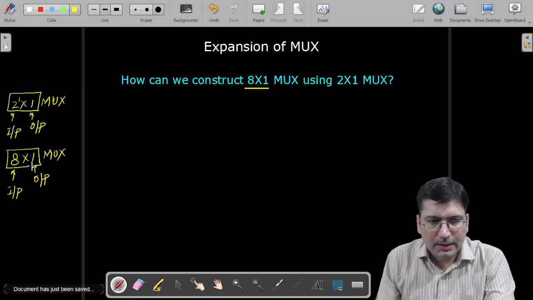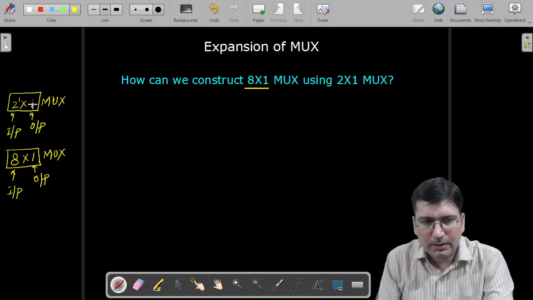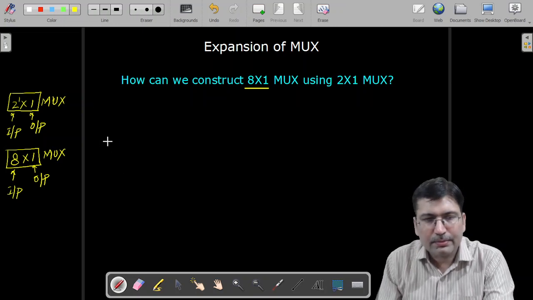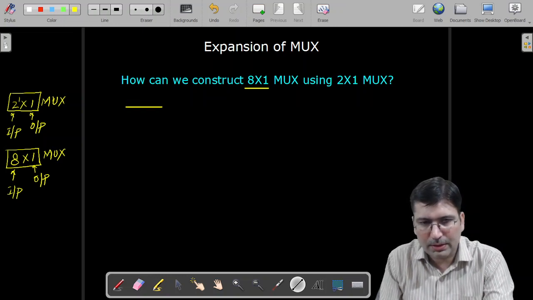Now we understand that we need to combine 2x1 MUX. At the very first level, the input layer, let's say we have 8 inputs. Whatever combination we form, we must be able to handle all the inputs.